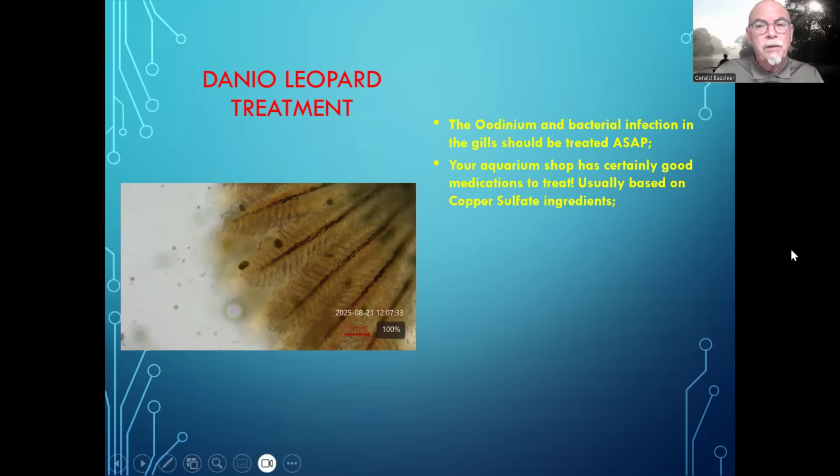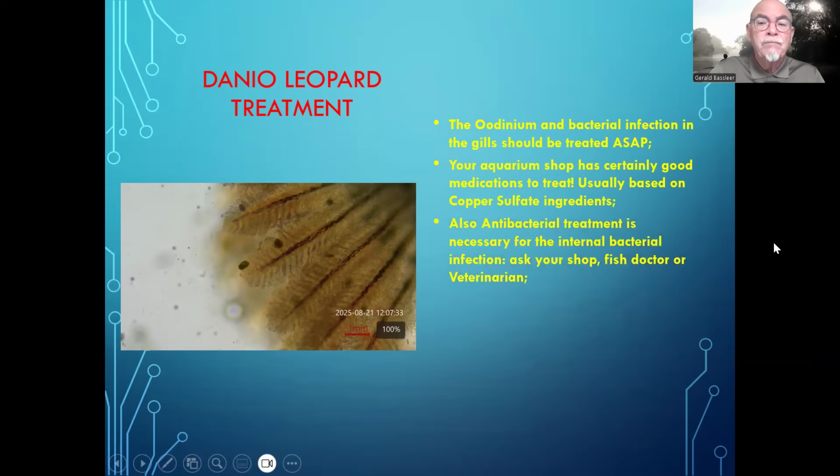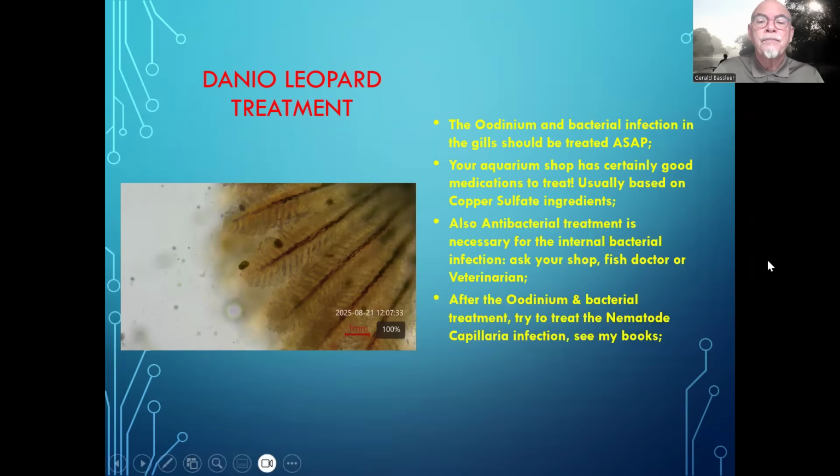Also, salt might help. I give recommendations and details on the Oodinium treatment in my books. Also, bacterial treatments will be necessary, particularly the internal bacterial infection. Ask in your shop or your fish doctor or your veterinarian for the potential drugs they have available.